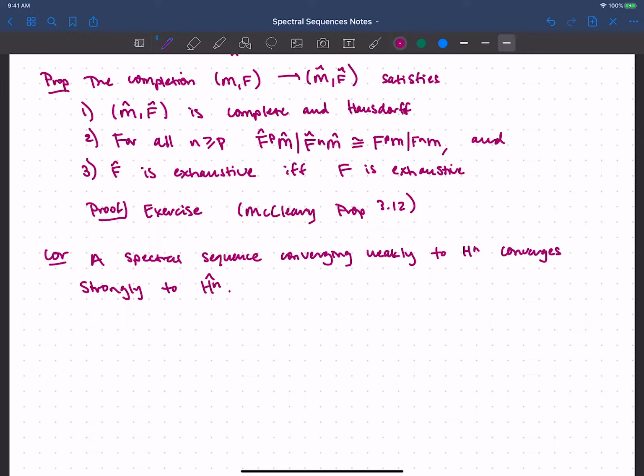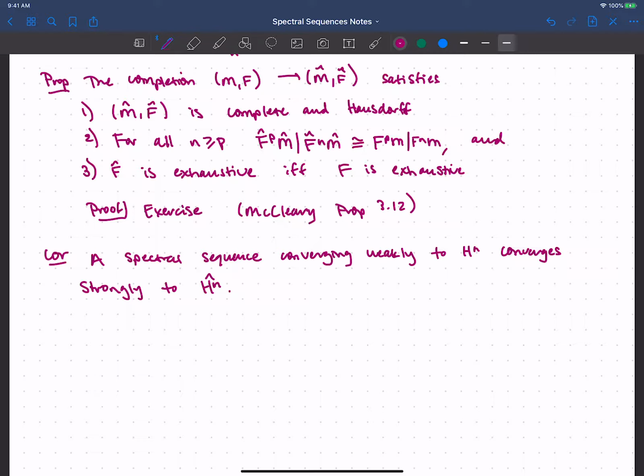So maybe one of the first big issues of convergence, well, okay, we saw there are a few things. One is, how do you get the E infinity term? And how do you know that you have something there that you can even identify? And then 2, how do you say anything about reconstructing Hn? Well, you have a chance of reconstructing Hn when you have strong convergence, so that you had an exhaustive Hausdorff complete filtration of Hn.